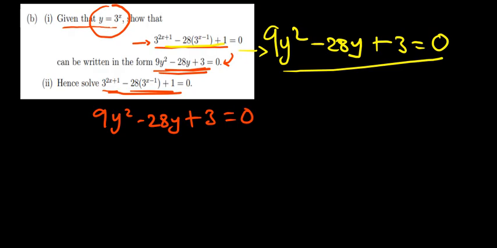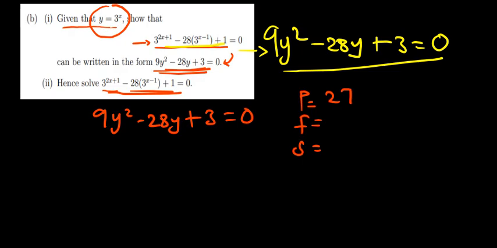This is a quadratic equation, so we find our product, our factors, and our sum. The product is 9 multiplied by 3, that would be 27.